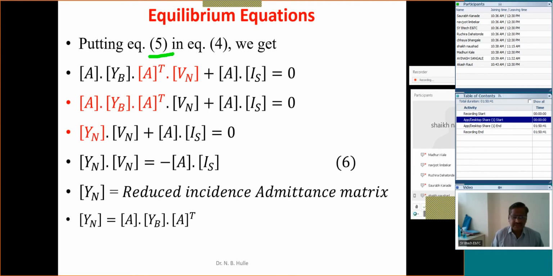Putting equation number 5 in equation number 4, this A into YB term is the same. That VB value we have substituted here. What is the equation of the VB? The equation of the VB is nothing but A transpose into VN.